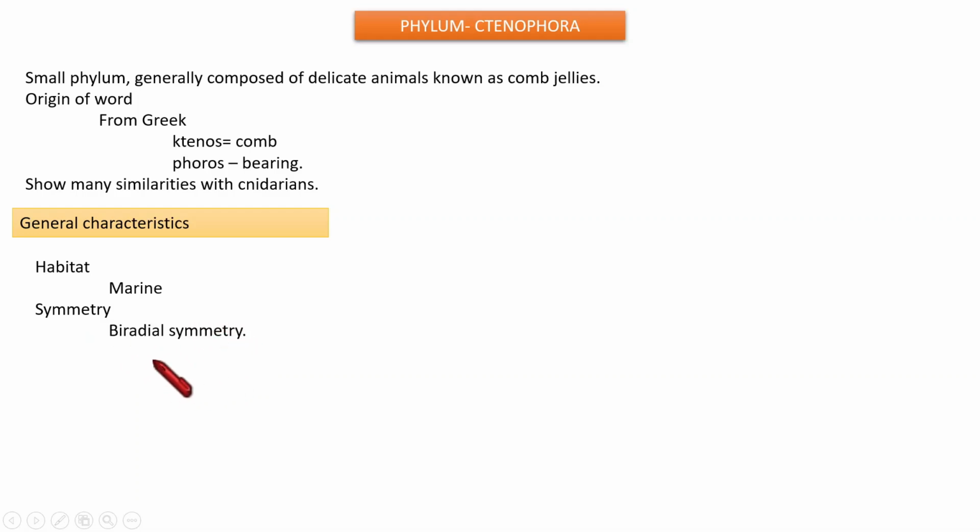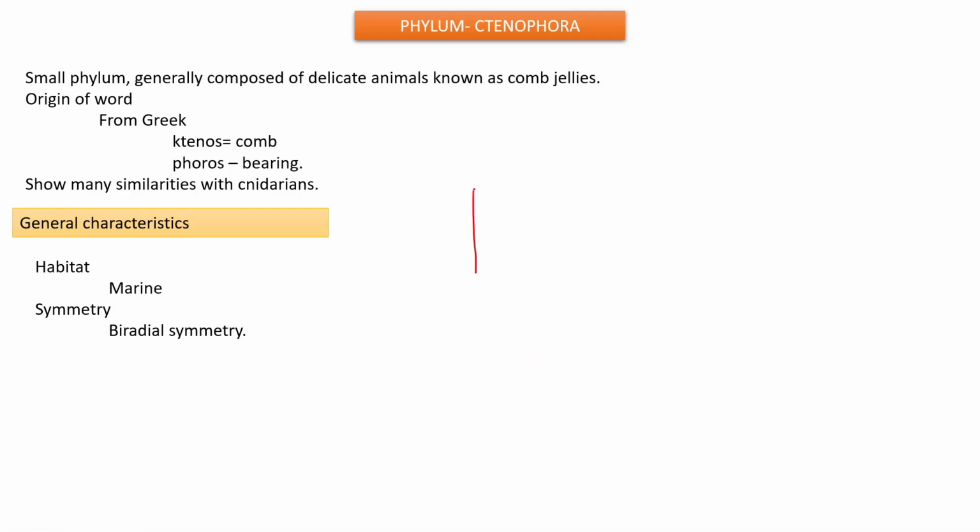It is biradial symmetry. Biradial symmetry means what? We already learned about biradial symmetry in many other phyla. We have seen biradial symmetry in the Cnidarians also. Bi means two. That means if we make cuts in two planes that pass through a central axis, it will give equal halves. Clear?